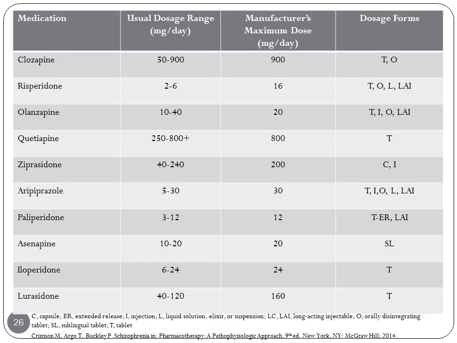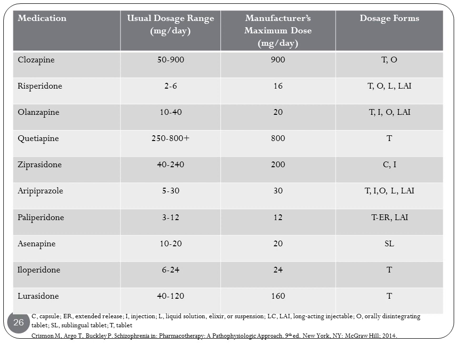Here are the dosing ranges for the second generation antipsychotics. And again, this is not for you to memorize. One thing I want to point out is that with risperidone, we typically only dose it up to 6 milligrams per day. Although the manufacturer says you can dose it up to 16 milligrams per day, this really increases the risk for extrapyramidal symptoms. So that is why we do not see doses really exceeding 6 milligrams.